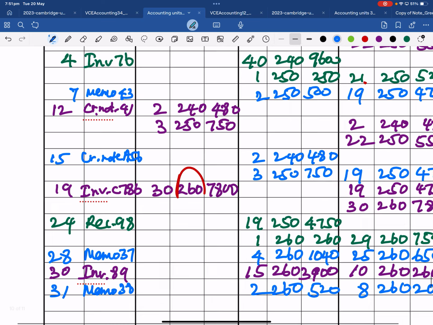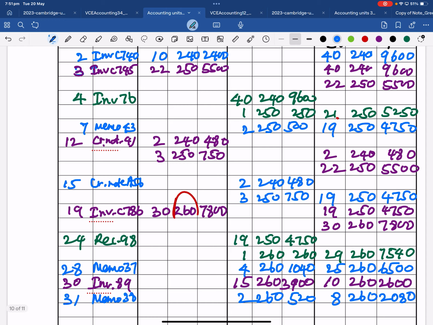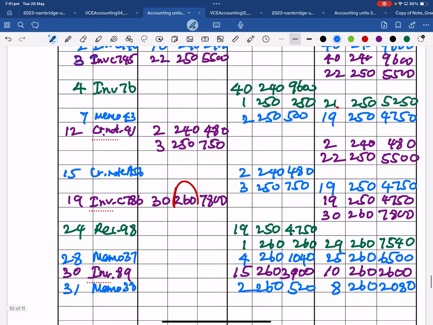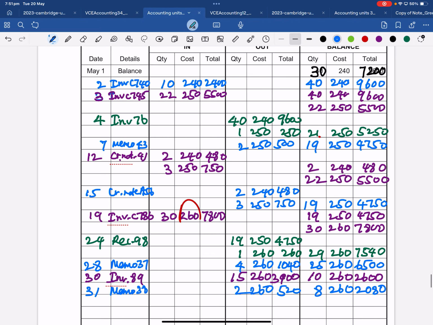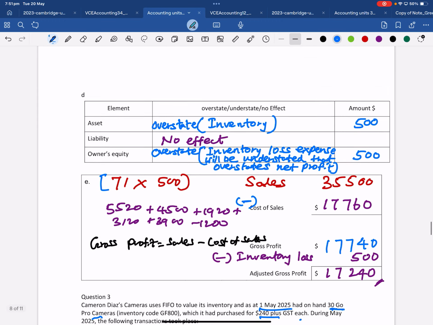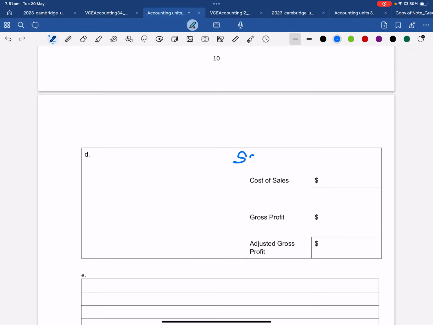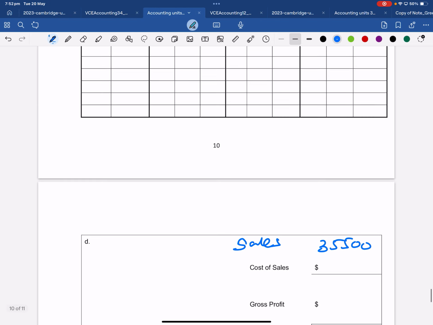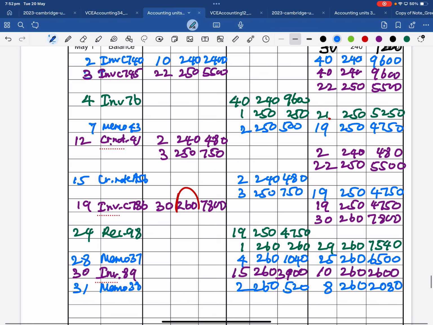Okay, guys. Now, shall we quickly calculate the cost of sales? How much is the cost of sales, guys? Revenue will be the same thing, which is 35,500. Anybody calculated the cost of sales?